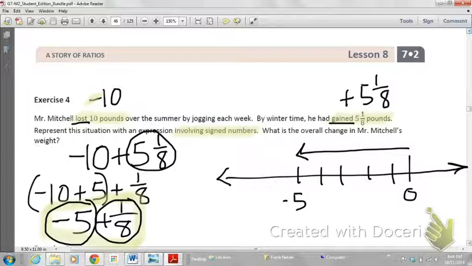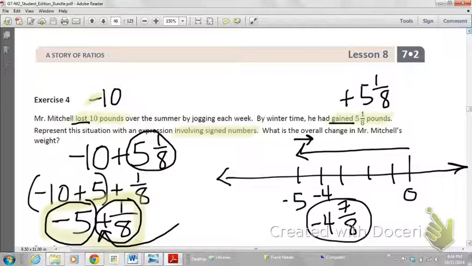Which direction do I go when I am going to add this 1/8? I go to the right because it is positive. I go to the right 1/8. And where do I end up? I end up at negative 4 7/8. I've gone back.